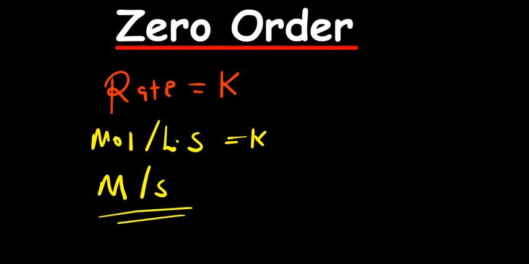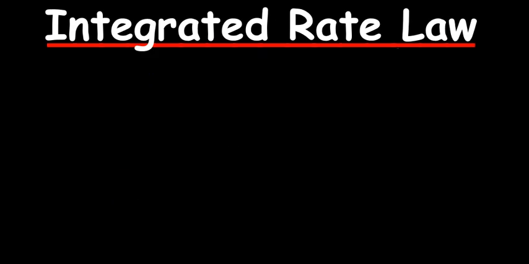Now we've talked about concentration with respect to time in terms of orders. What about laws? They are what we call integrated laws. For integrated laws, what are you trying to do?